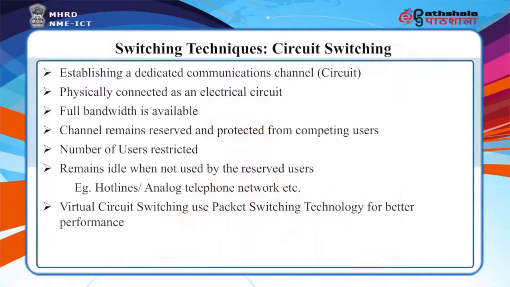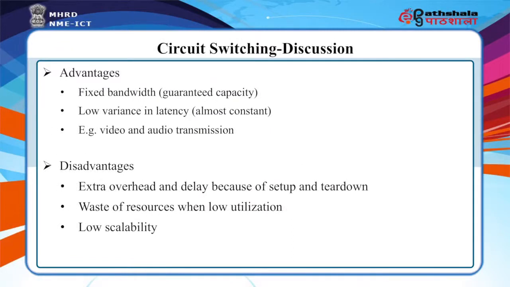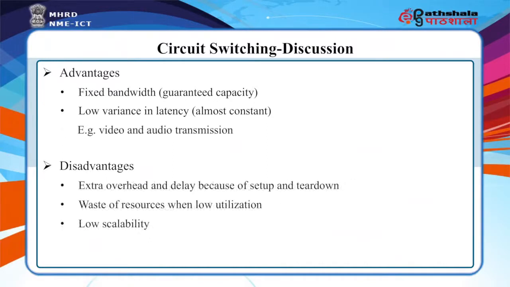About circuit switching, this establishes a dedicated communication channel, a circuit, which is physically connected between two endpoints as an electrical circuit. That's why it is called circuit switching. The advantages of circuit switching: fixed bandwidth, that is guaranteed capacity; low variance in latency, because it is almost constant on the dedicated channel, and this can be used for video and audio transmission.